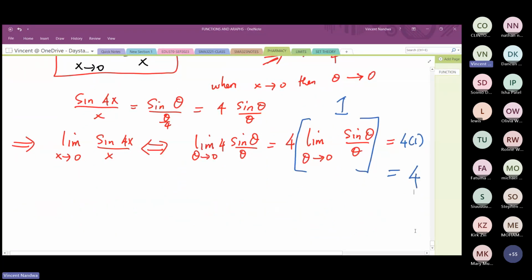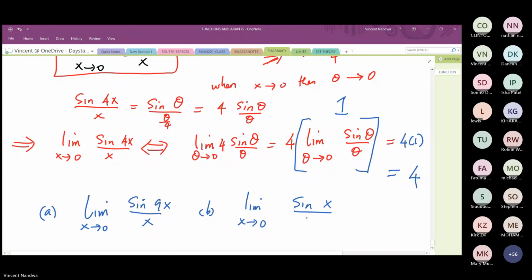So I want you now to try on your own. What would be the limit as x approaches 0 of sine of 9x over x? B, limit as x approaches 0 of sine of x over 5x.